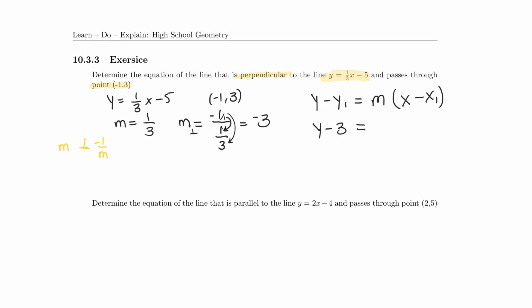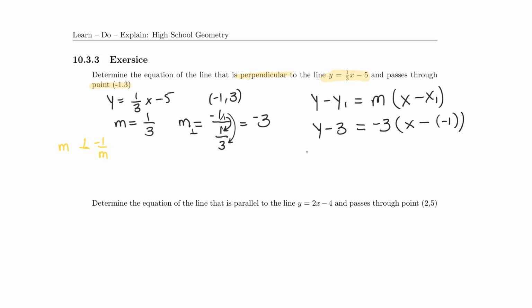What is m? Of course, the new slope that we calculated, because we are writing down the equation of the perpendicular line. So it will be minus 3 times (x minus x1), and x1 will be the x coordinate of the point that is on the line, which is minus 1.